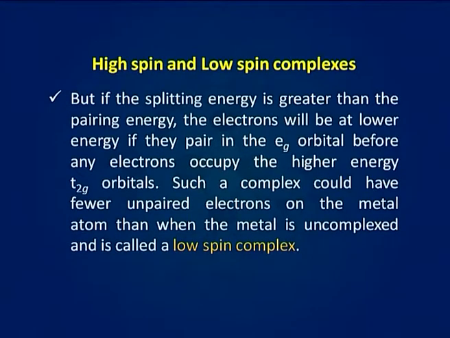But if the splitting energy is greater than the pairing energy, the electrons will be at lower energy if they pair in the e orbitals before any electrons occupy the higher energy t2 orbitals. Such a complex could have fewer unpaired electrons on the metal atom than when the metal is uncomplexed and is called a low spin complex.